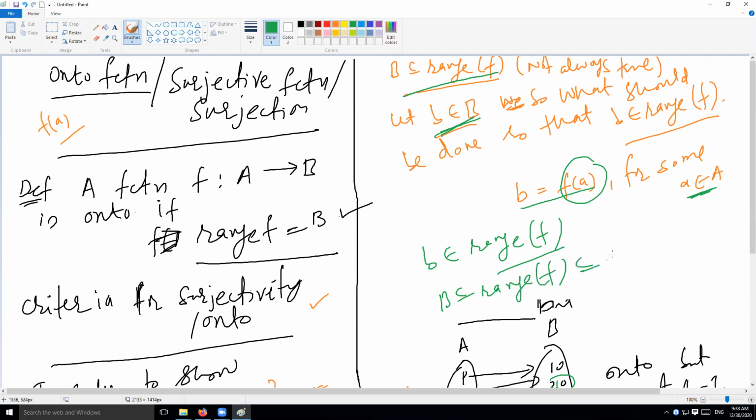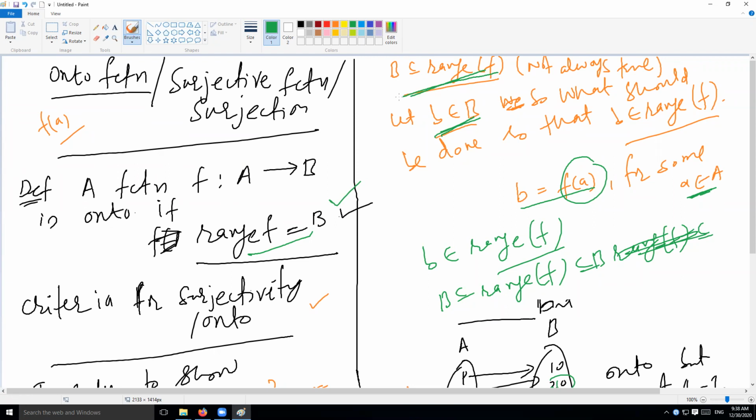But the range of f is always a subset of B. So therefore, the range is equal to B. So if you want to prove that range is equal to B, prove that B is a subset of range of f.